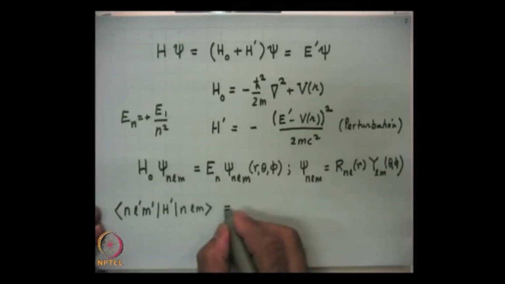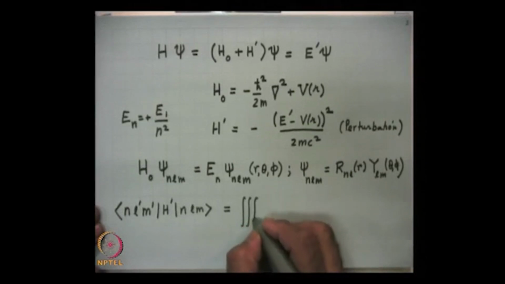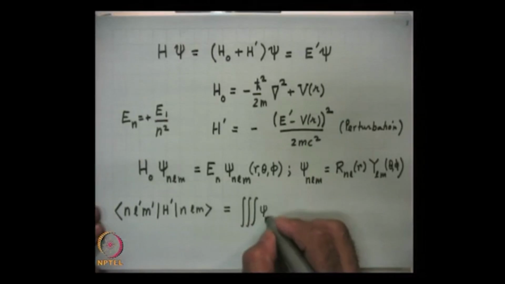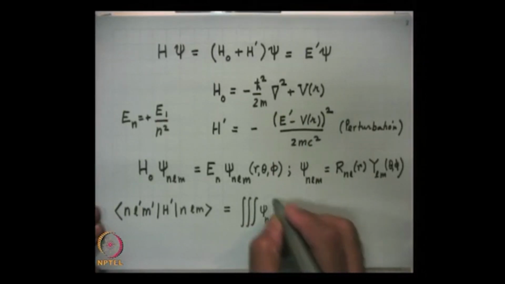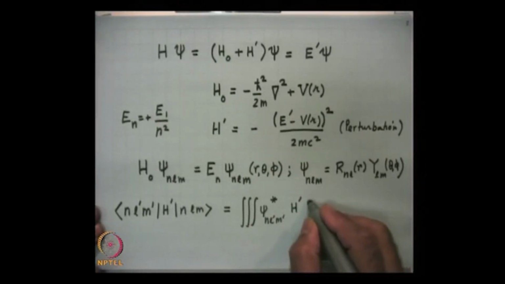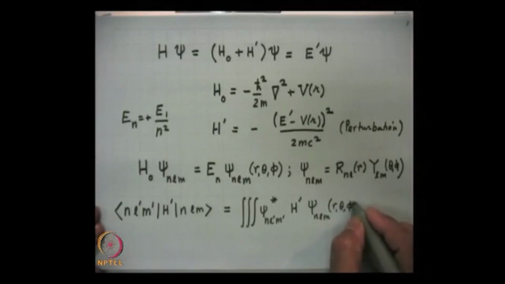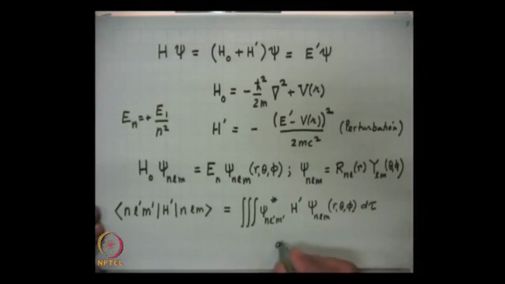So, this is actually the triple integral of psi n L prime m prime star, H prime, psi n L m, as a function of r theta phi, multiplied by d tau, and that d tau is the volume element, and we will use d tau equal to r square dr sin theta d theta d phi.